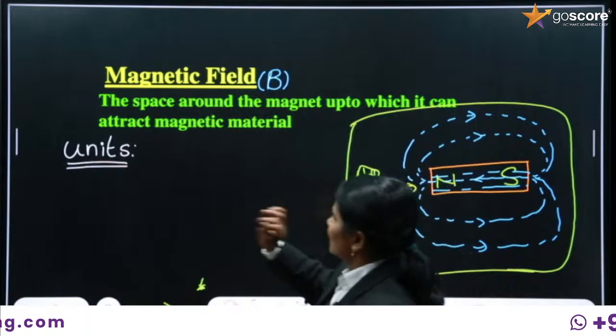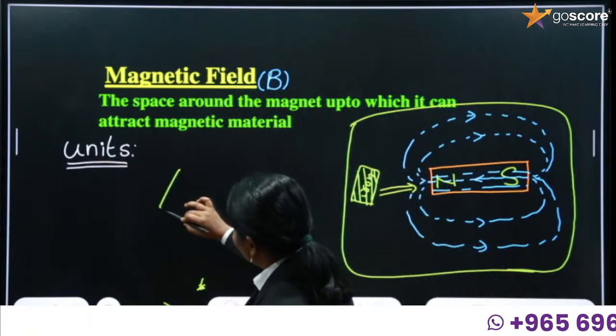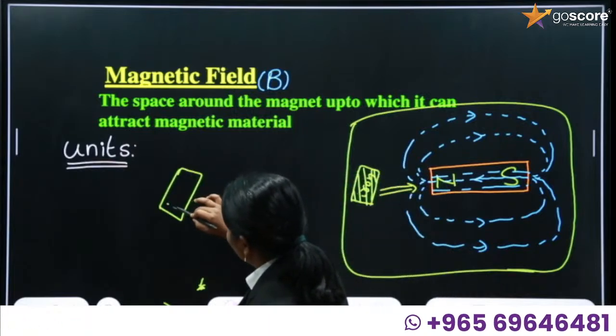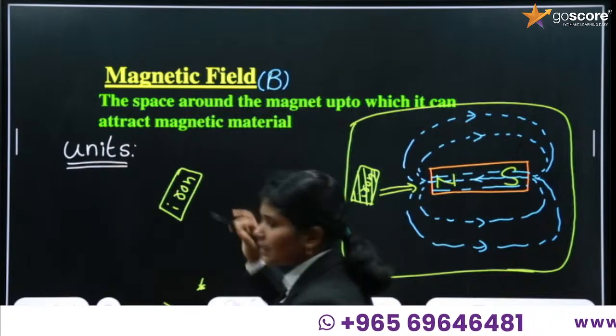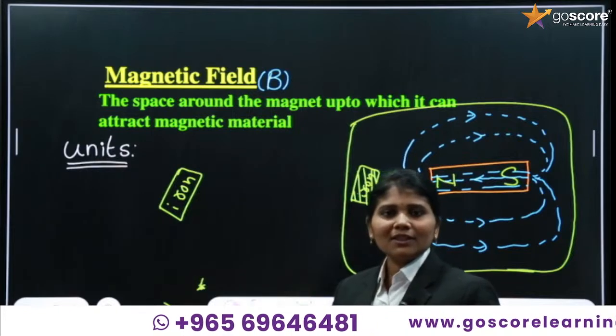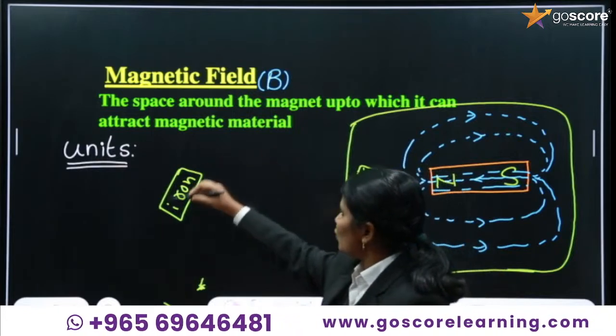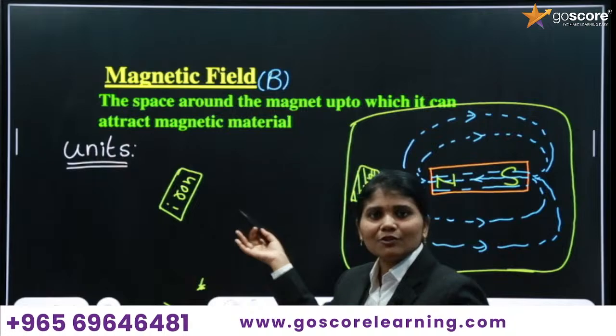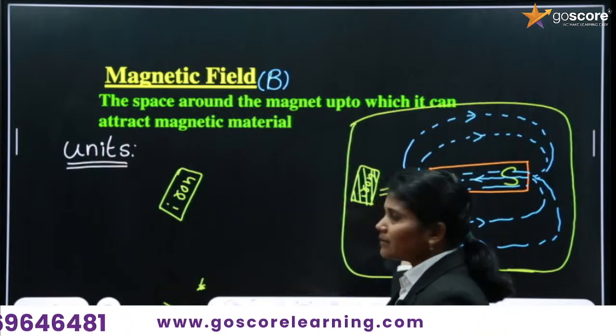Now I am taking this iron piece here. What is happening? The magnet is not attracting the iron piece. Why? Here there is no magnetism. That's why it is not attracting.